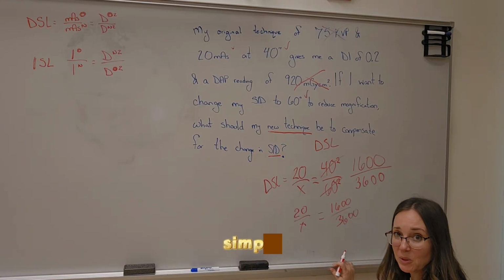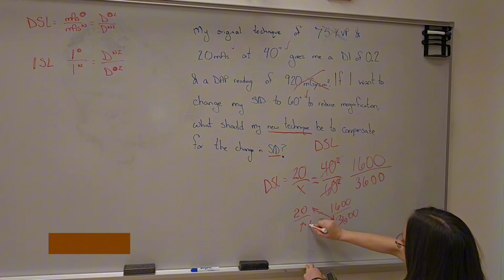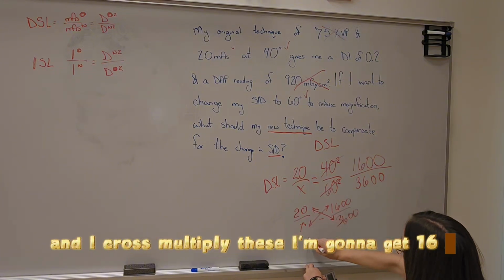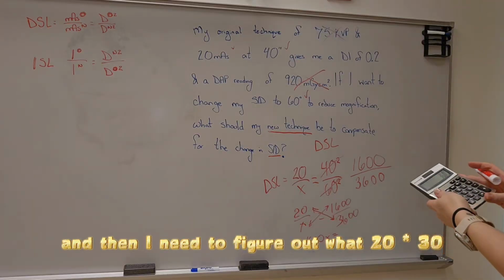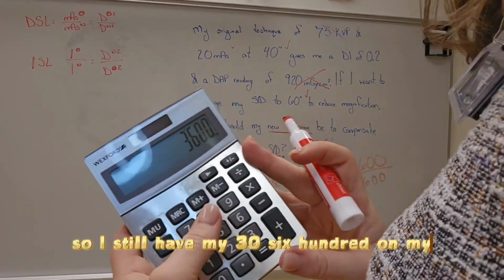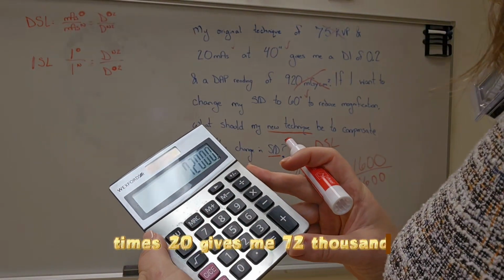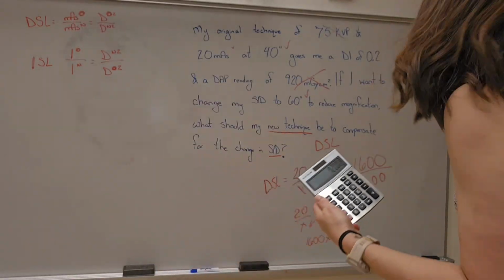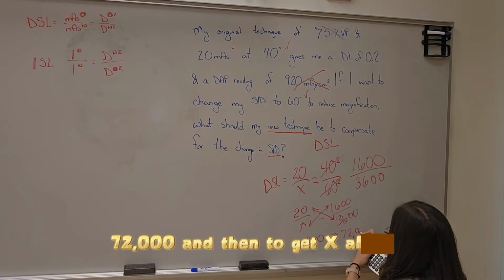And now it's just simple cross multiply, right? So I cross multiply these and I cross multiply these. I'm going to get 1,600x. And then I need to figure out what 20 times 3,600 is. So I still have my 3,600 on my calculator, times 20. Gives me 72,000. 72,000.